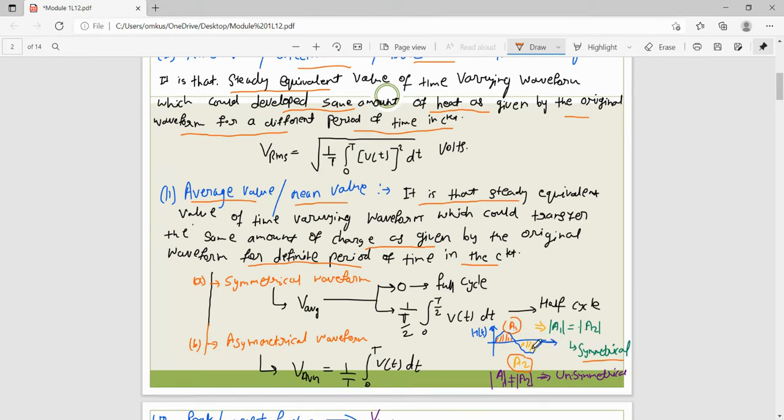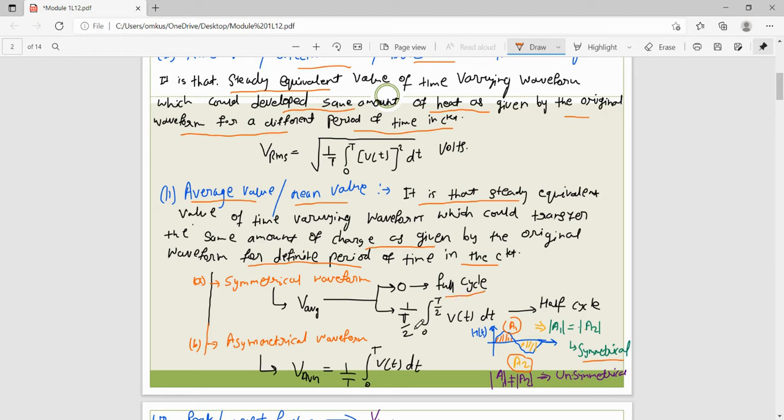But when the areas are not equal, the waveform is not symmetrical. In that case, you can use the formula 1 by T, where T is the total time period, integral from 0 to T of v of t dt. So for a symmetrical waveform, V average equals 0 for a full cycle.